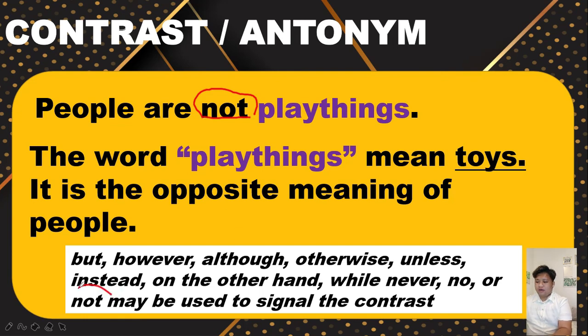Here, na ay not. Daghan ka adyo. Na but, na however, although, otherwise, unless, instead, on the other hand, while, never, no, or not, is used in signaling the contrast or the antonym. So when you say these words in a sentence, you immediately look for the antonym or the contrast, the opposite meaning. Okay? So that is one context clue that you can find.